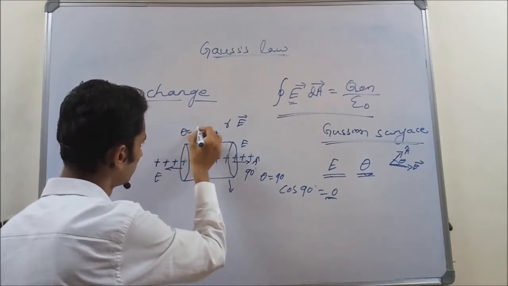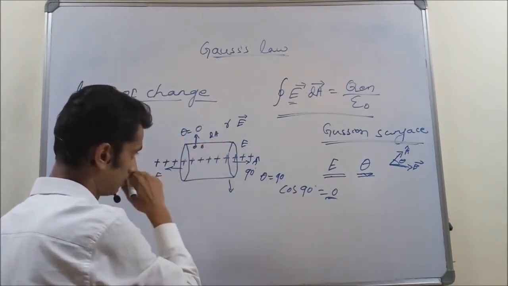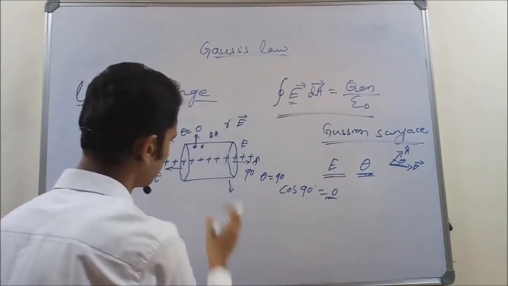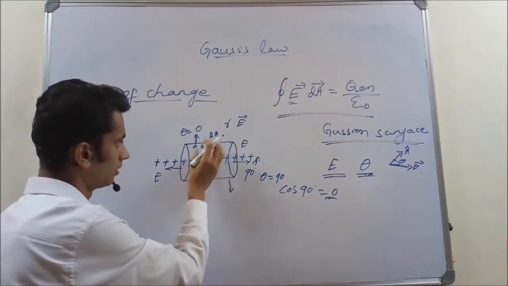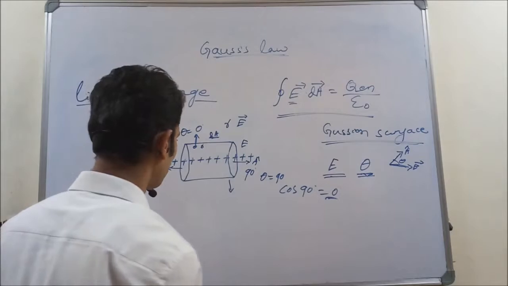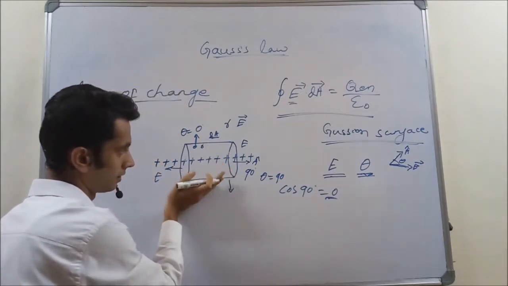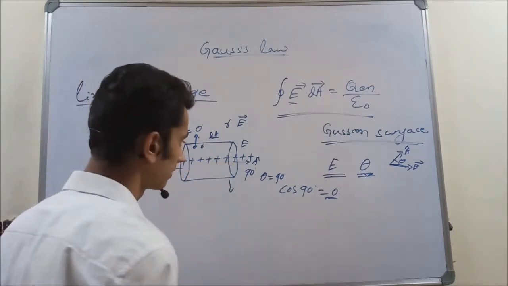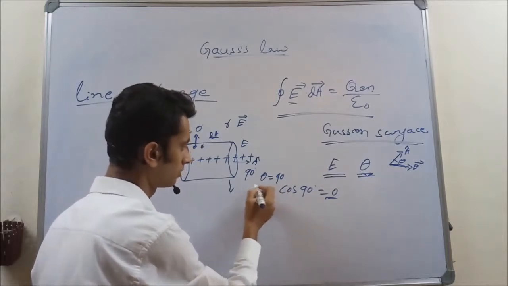So theta will be 0 degrees in every small area of the curved surface. So you can see that on every surface the electric field and theta are constant.